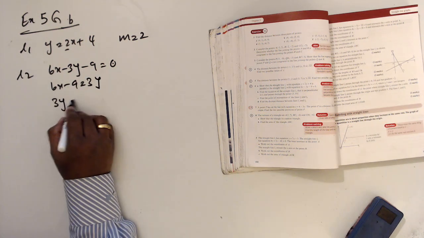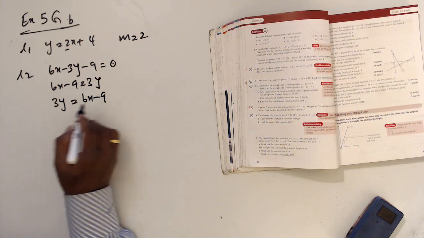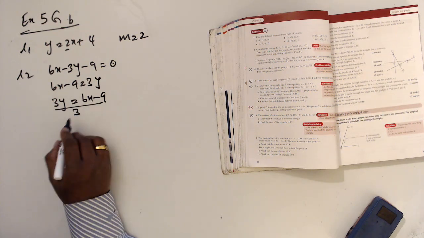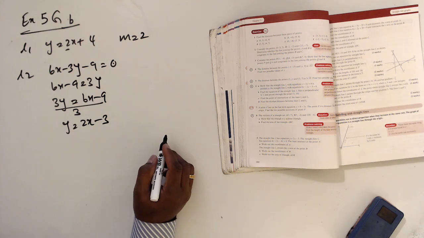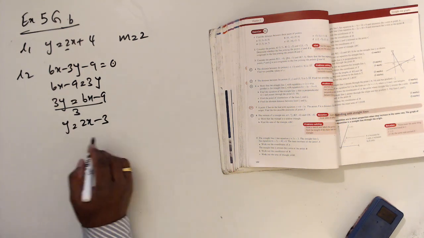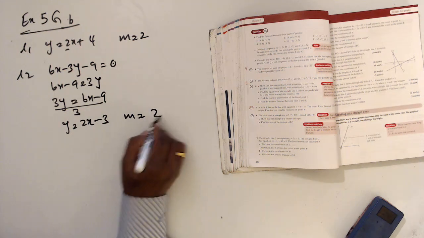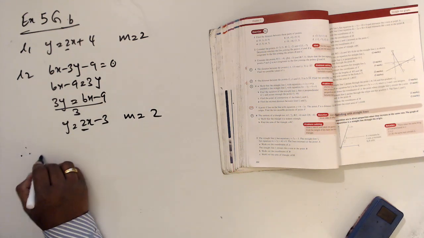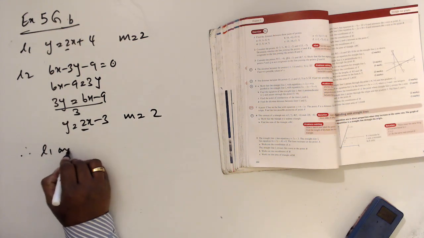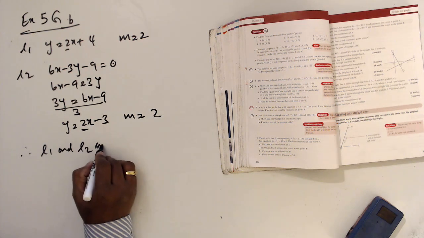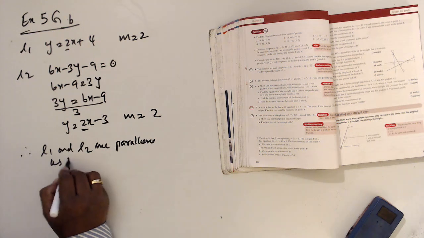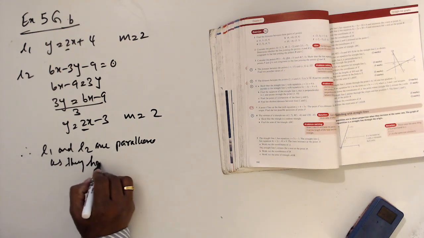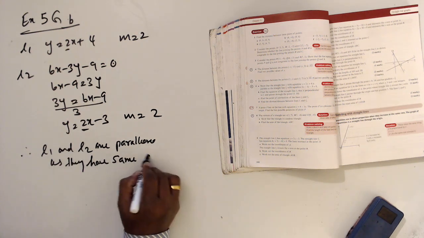I rewrite 3y equals 6x minus 9, divided by 3. y equals 2x minus 3. Then m equals 2. Hence L1 and L2 are parallel as they have the same gradient.